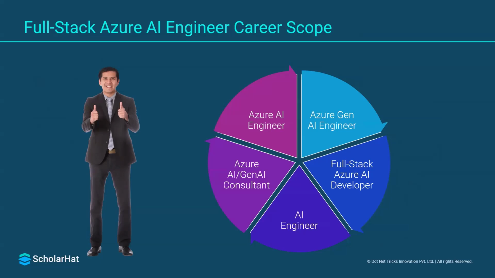If you already know the backend and the database, and you know how to build a full stack .NET application, or a full stack Java or Python application, you just have to add one more extra layer of AI so that you can build everything end to end. You can become an AI engineer, or an Azure AI GenAI consultant. So this can be the career scope around it.